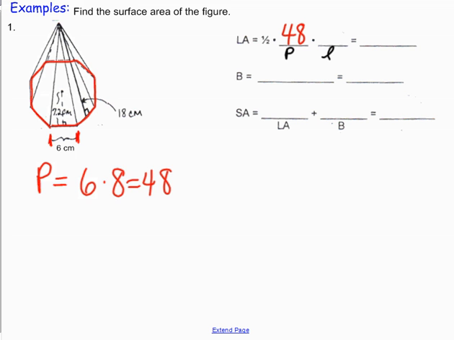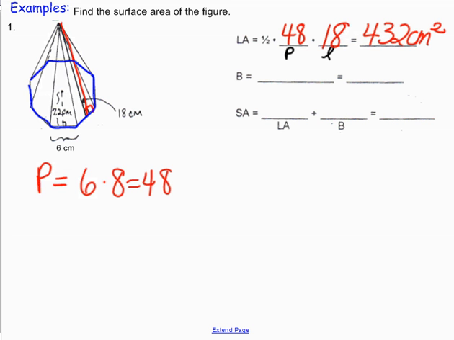The slant height is given to us right here with this line right there. That's 18. So 48 times 18 is 432 centimeters squared. Now, in order to figure out the base, again, the base is this octagon.